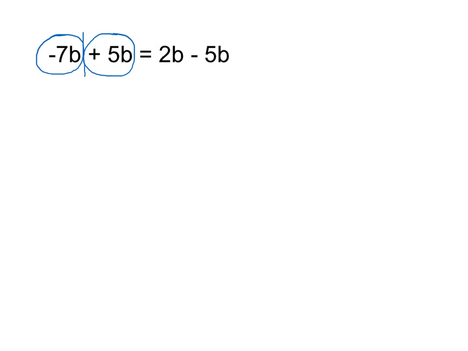What I can do though is work one side at a time. When I combine these two, I'm going to get negative 2b. Again, I just want to combine one side at a time, so I'm going to rewrite this minus 5b. Once we get better at these, we could have just combined this right side now. So let me change colors.